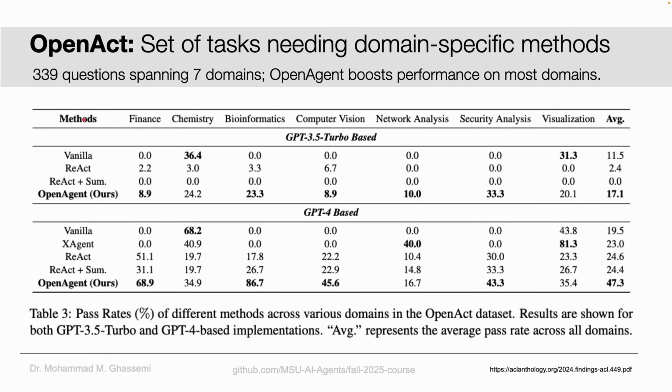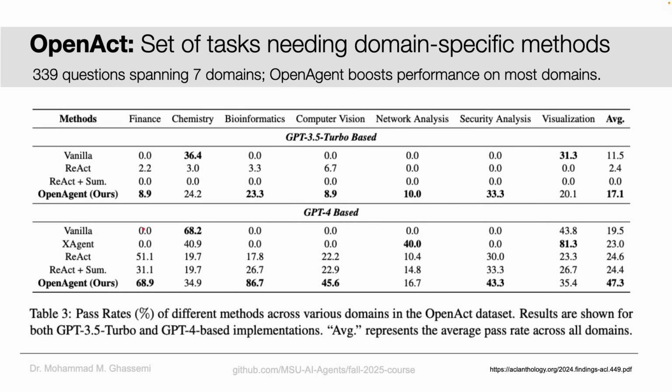So what are we looking at in this table? This row, vanilla, says, if I take OpenAct and I test just regular old GPT 3.5 or regular old, in this case, GPT 4, right? If I just test that alone, how well do I do on the benchmark?